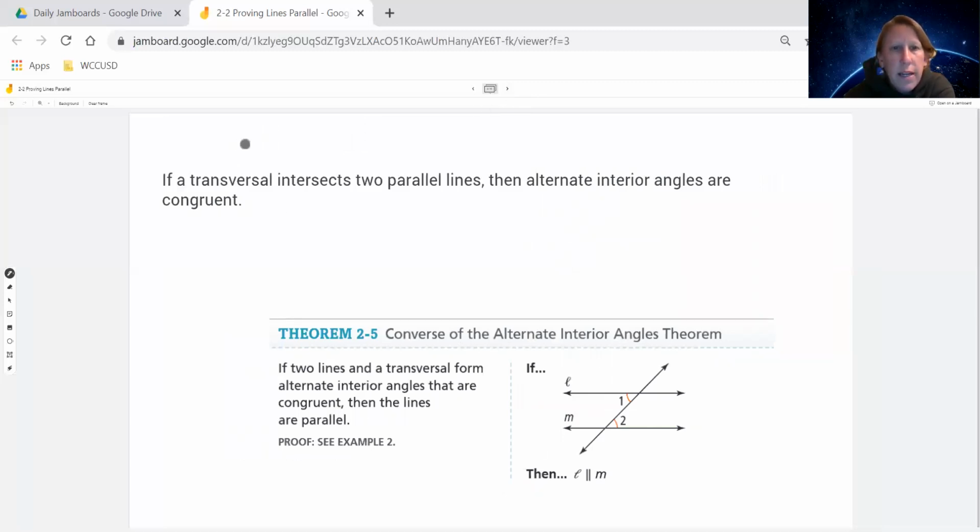So the next one said, if you have parallel lines, then, so if these are marked that they're parallel, then the alternate interior angles are congruent.